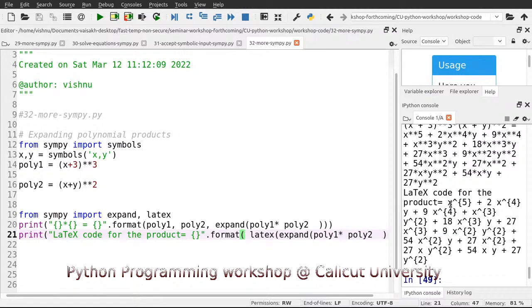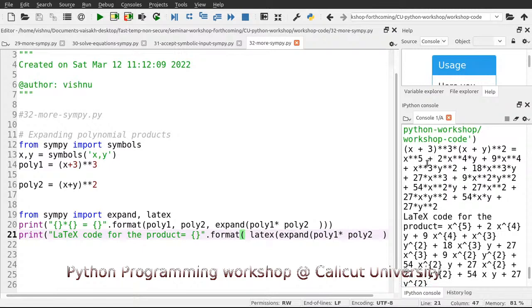See, on the other hand, here x to the power of 5 was shown in the Python way, but here it is shown in the LaTeX way. Here 2 star extra.